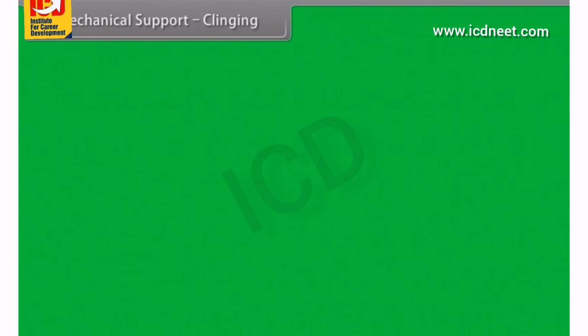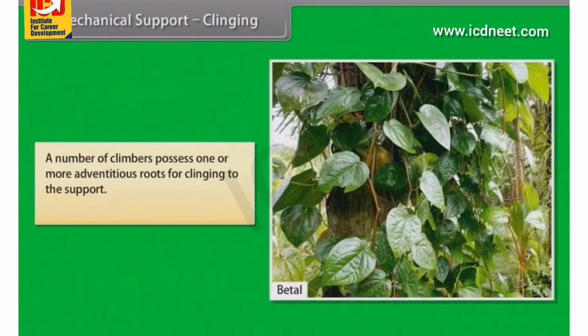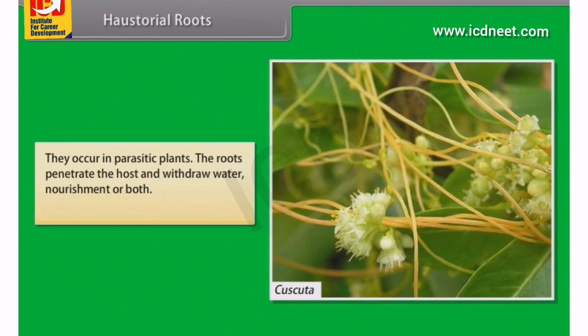Mechanical support, clinging: a number of climbers possess one or more adventitious roots for clinging to the support. Examples: betel, tecoma, ivy. Haustorial roots: they occur in parasitic plants. The roots penetrate the host and withdraw water, nourishment, or both.